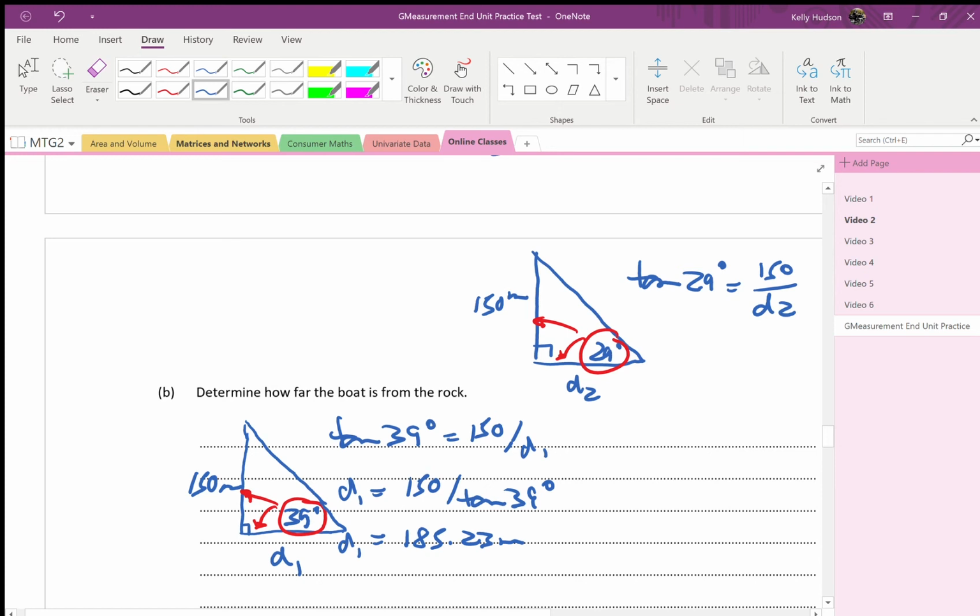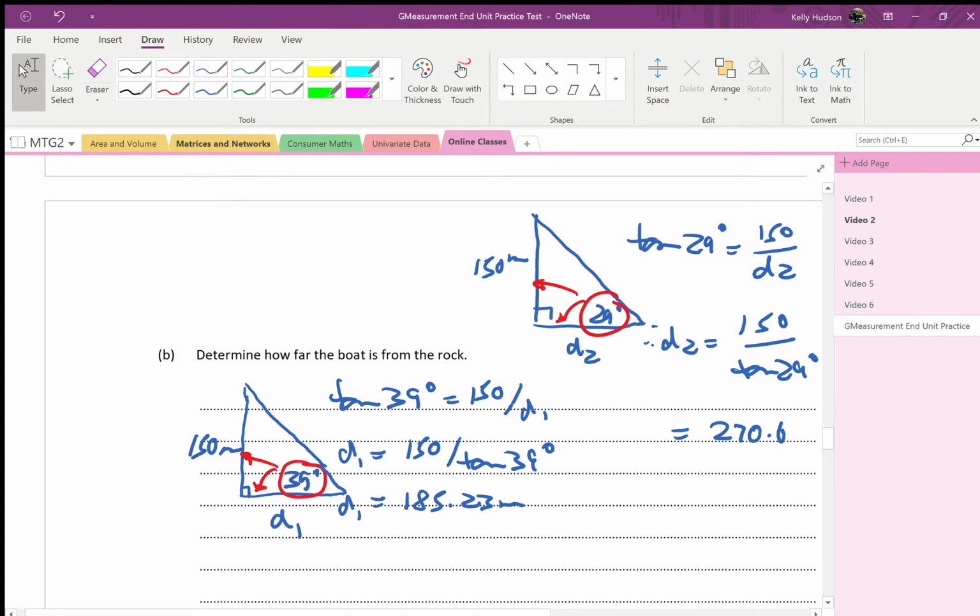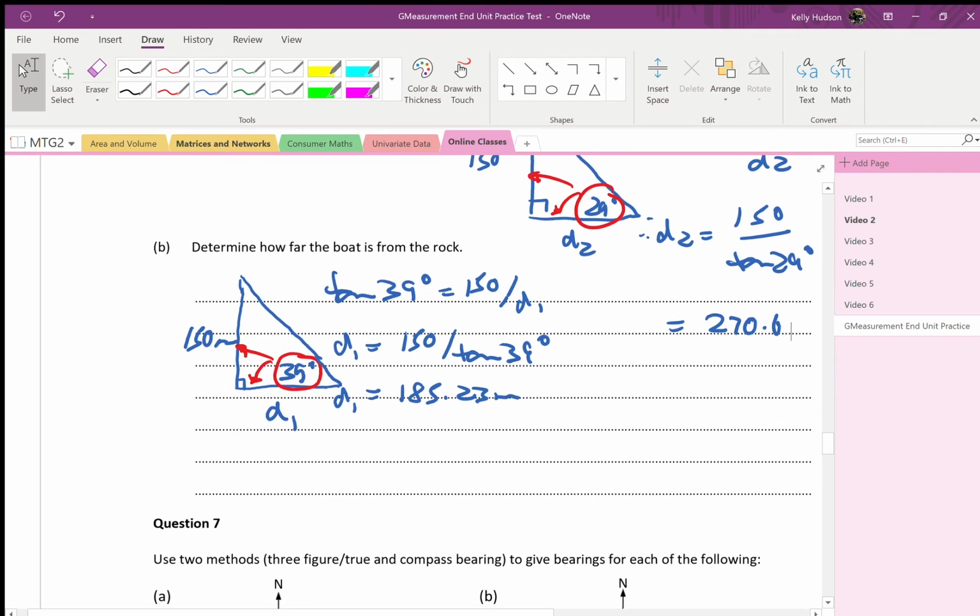So once again, multiply both sides by D2, divide both sides by tan of 29 degrees, and we get D2 is equal to 150 divided by tan 29 degrees. Put it in my calculator, I'll end up with 270.61. Alright, now what I need to do now is to work out what D is.